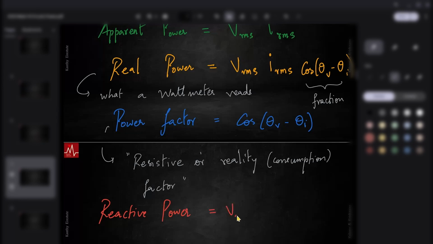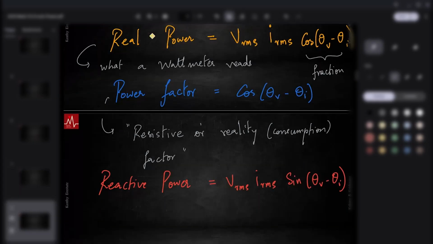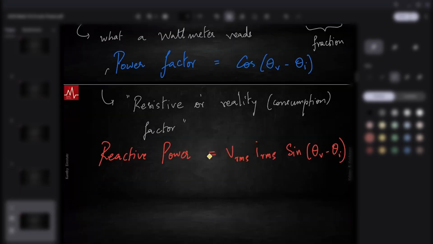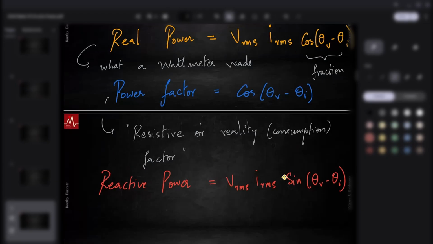This is VRMS IRMS sine of (theta V minus theta I). This is so chosen such that real power and reactive power are perpendicular. This is cos theta, this is sine theta. So if you square this and add up, by Pythagoras theorem, this is perpendicular.